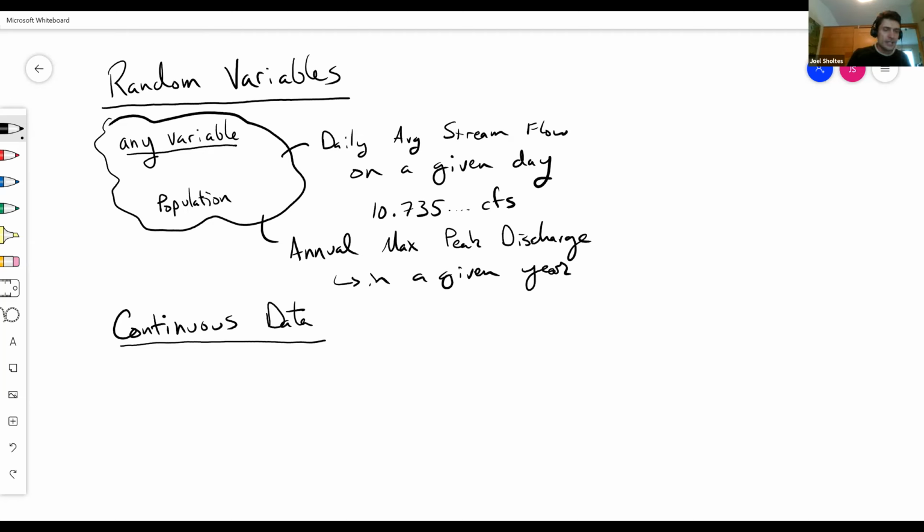Let's talk about how we work with continuous data. And so we're going to be seeing a lot of time series where we have, say, a year and then an annual maximum discharge. Let's just write down some stuff here.